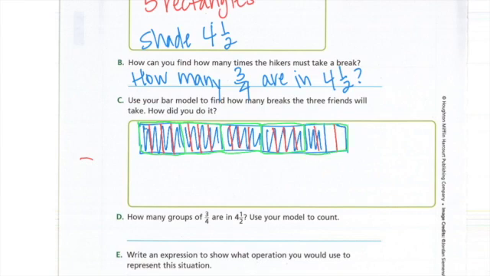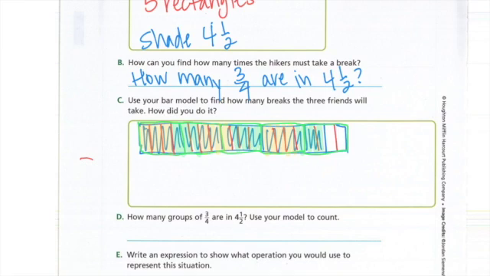So we need to know how many 3/4. So here's a 3/4. There's 1, 2, 3, 4, 5, 6.